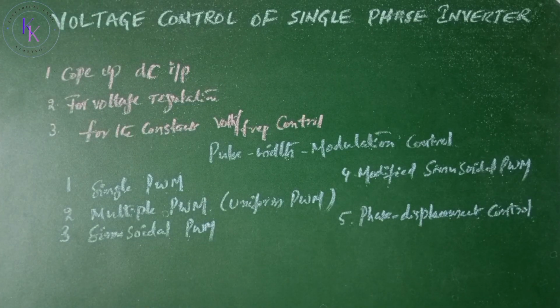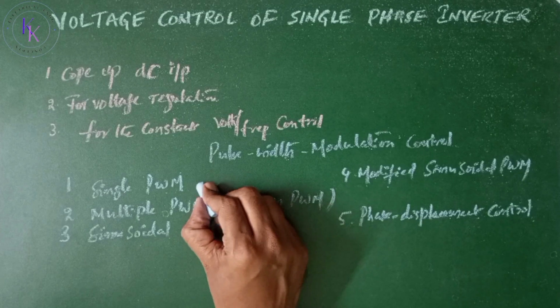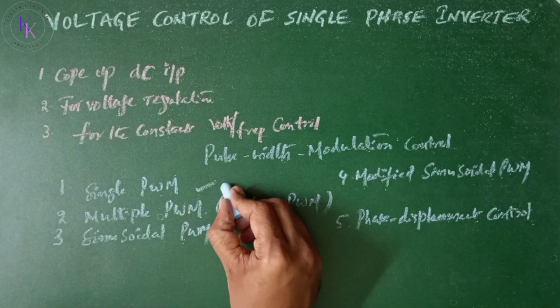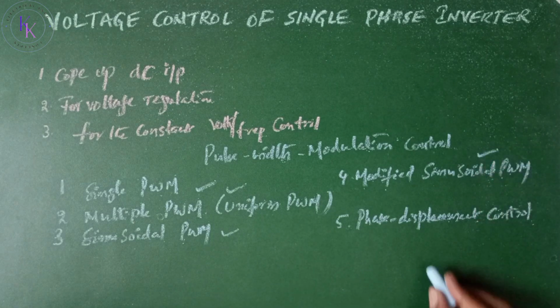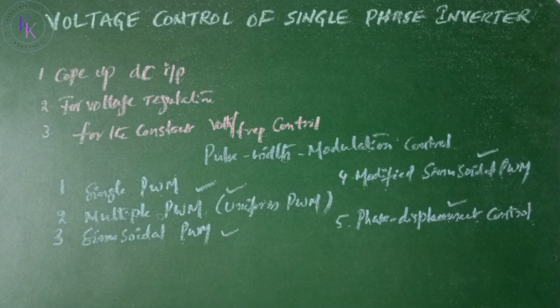Let us see the techniques one by one. So first we'll discuss about the single pulse width modulation and multiple pulse width modulation, sinusoidal pulse width modulation, modified sinusoidal pulse width modulation, phase displacement control.